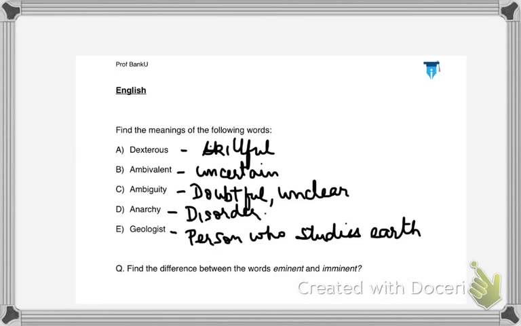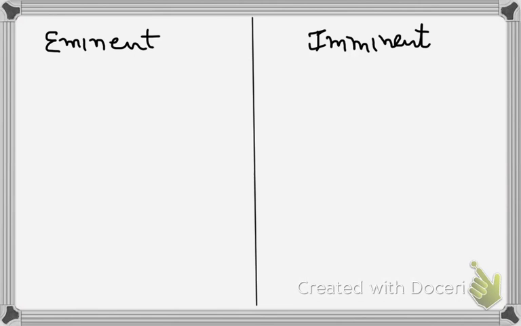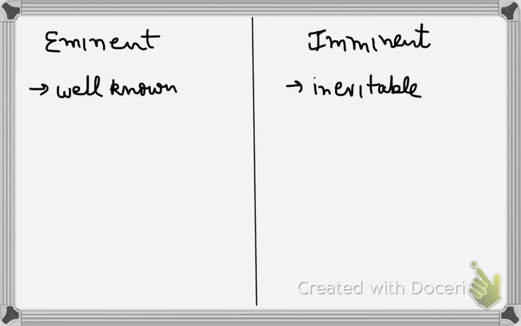Now we come to the last thing, the difference between the words eminent and imminent. Eminent, with E, means a well known person, and imminent means inevitable. How to relate it?